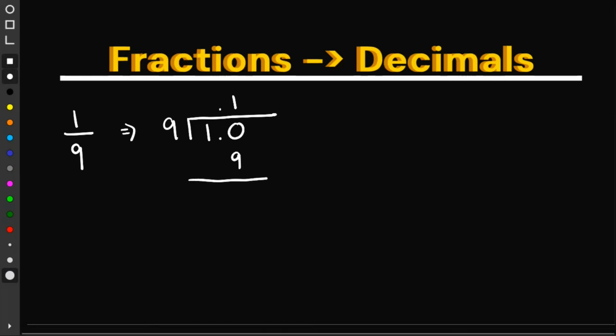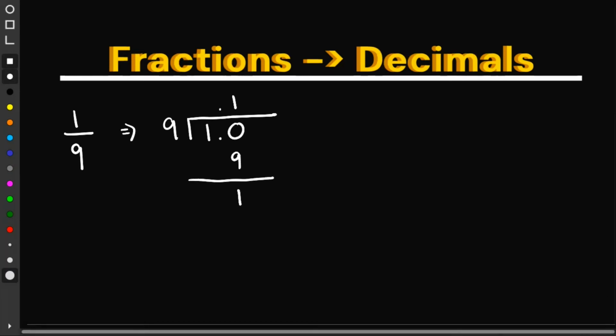This one is 9. So subtracting this one would give us 1. Now again, we add another 0 out here. Bring that down would give us 10. So this one again is 9 times 1 would give us 9 and 1.